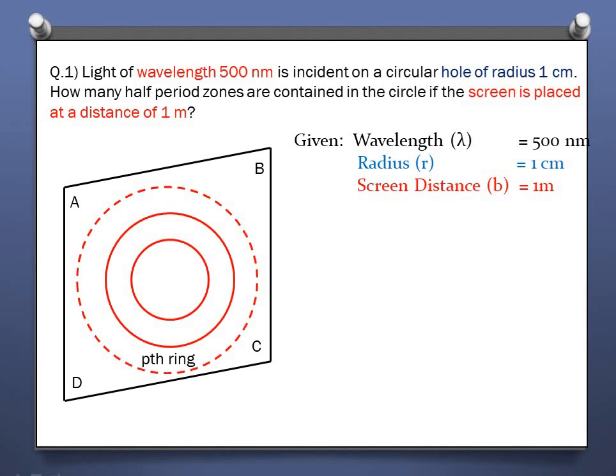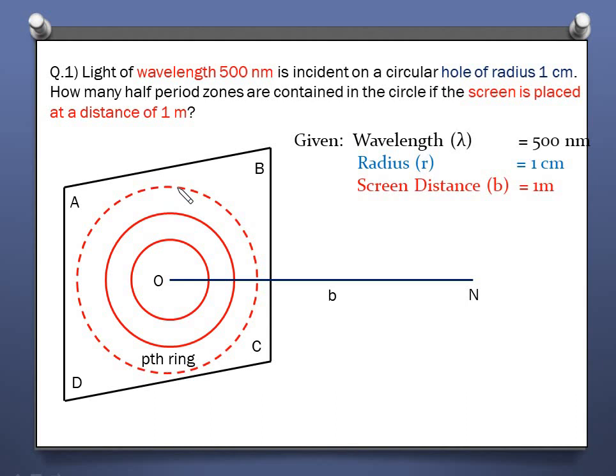So, as it contains p number of half-period zones, the pth ring will coincide with the circumference of this circular hole. Now, suppose N is the point of observation where the screen is placed, and the distance between the circular hole, that is the pole of the wavefront, and the point of observation is b.